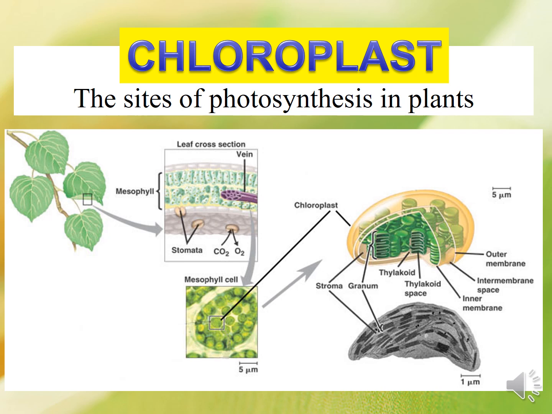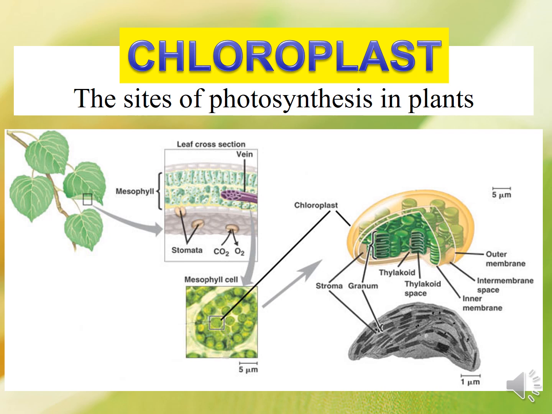And if we take a more micro view of the mesophyll cell, you can see they have a lot of chloroplasts. When we look at the structure of the chloroplast, it is like a bean shape, which means they have an outer membrane and an inner membrane, and between them the intermembrane space.